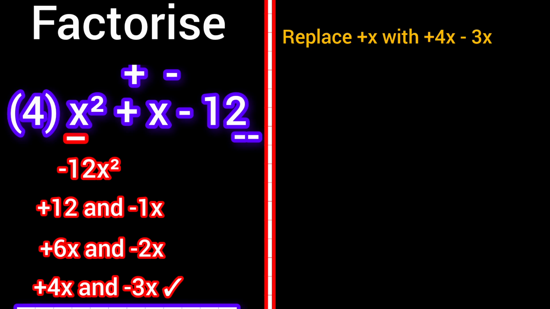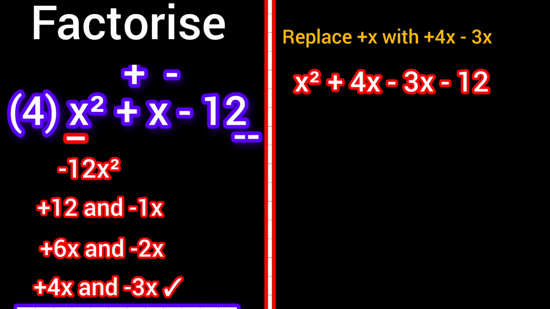Let's replace plus s with plus 4s minus 3s, since plus 4s times minus 3s will give us minus 12s squared, and plus 4s minus 3s is going to give us 1. Then we are going to have s squared plus 4s minus 3s minus 12.